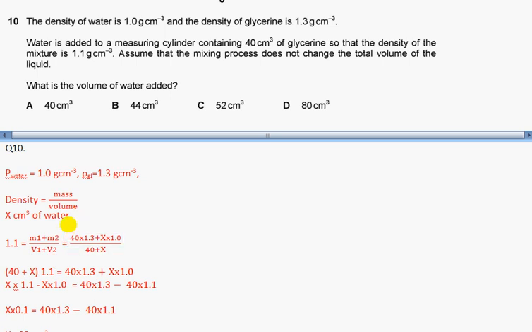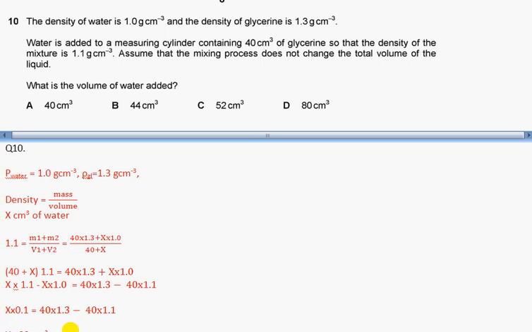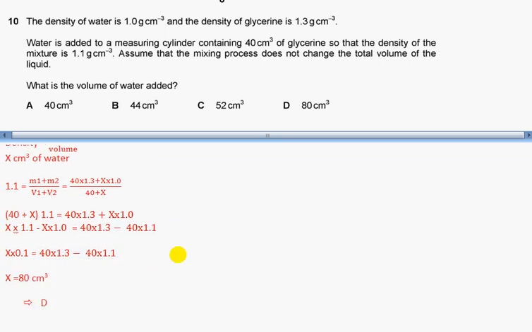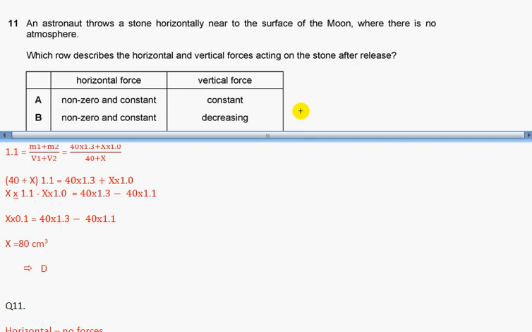So mass we find by density multiplied by volume. For glycerin it is 40 cubic centimeters and for water it is unknown x. Then we solve an equation with one unknown, a linear equation, and we get 80. So 80 is D.